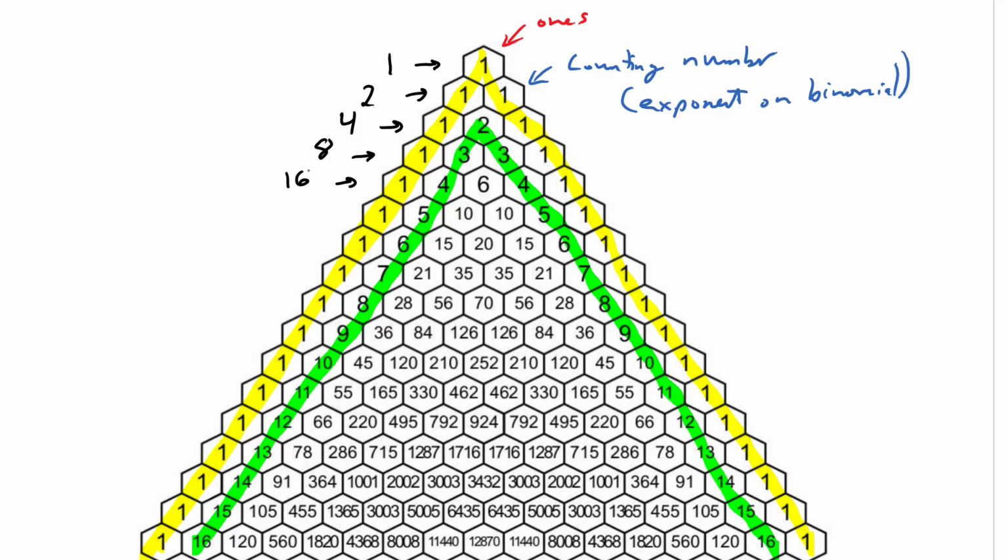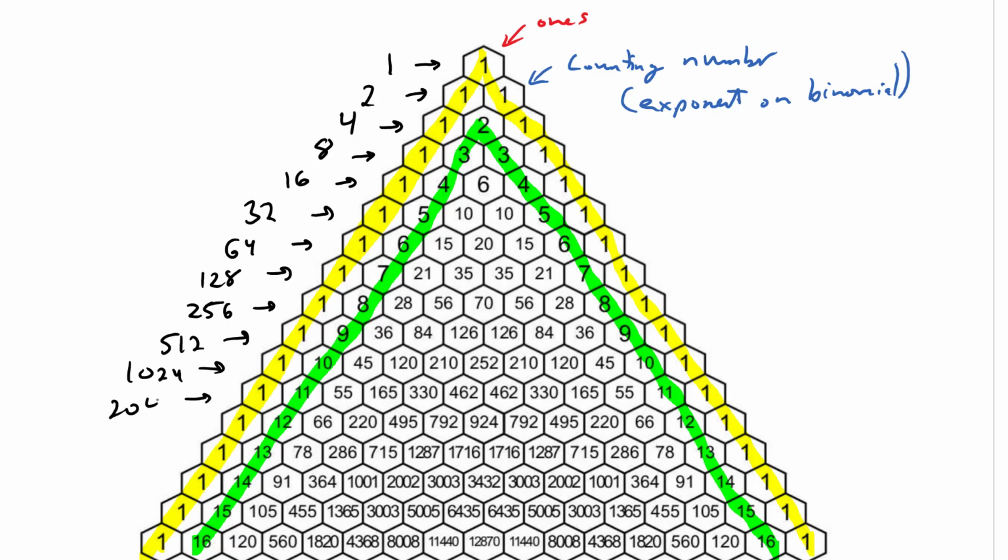Hopefully you see the pattern here. What's the next number without adding them up? It's 32, and then 64, and then 128, and then 256, and then 512, and then 1024, and then 2048. How am I doing this in my head?